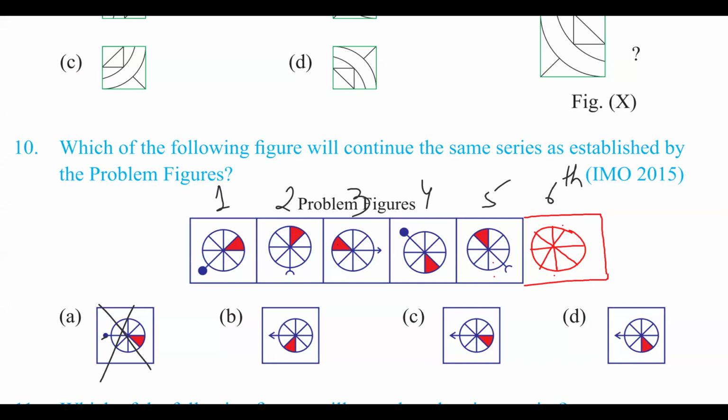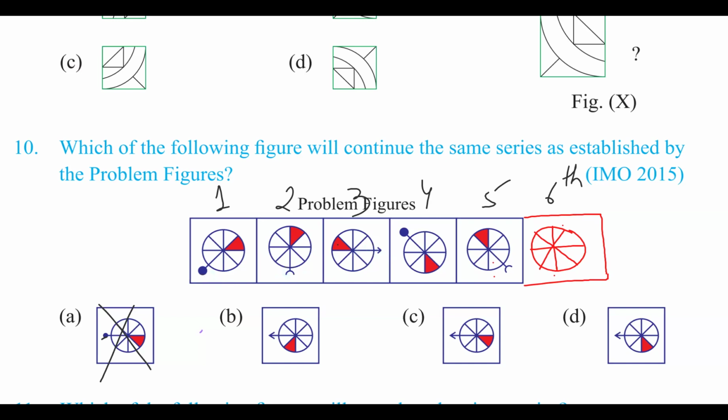Okay, so let's see. In the first one, there was a circle, then it just took one turn towards the left. That means one anti-clockwise turn. Then again it has taken an anti-clockwise turn, but now it has moved 2 steps towards the left instead of 1 step. See it again. Are you getting my point?